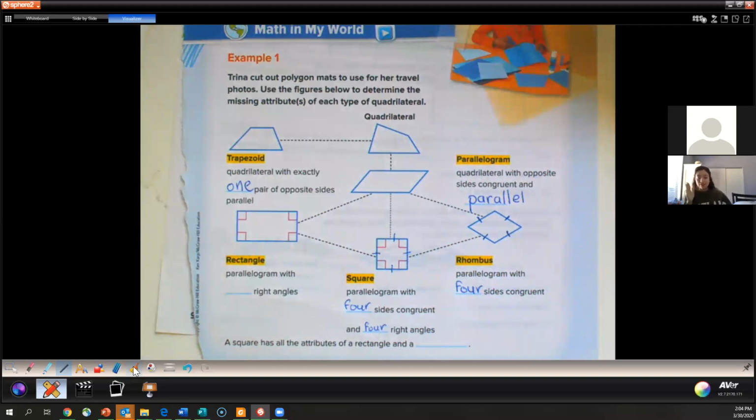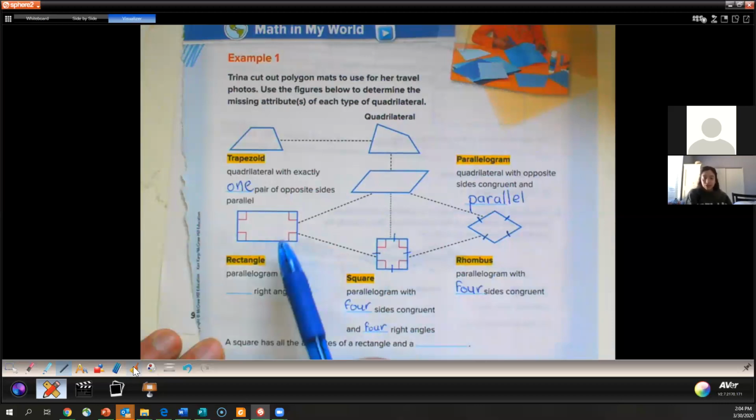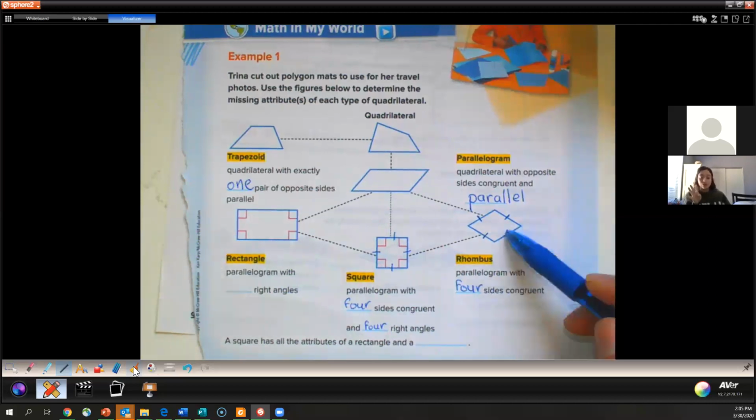And then we have a little bonus sentence at the bottom there. It says a square has all the attributes of a rectangle and a blank. So let's go ahead and take a look. I want to look at the rhombus first. So a rhombus is a parallelogram with 4 sides congruent.